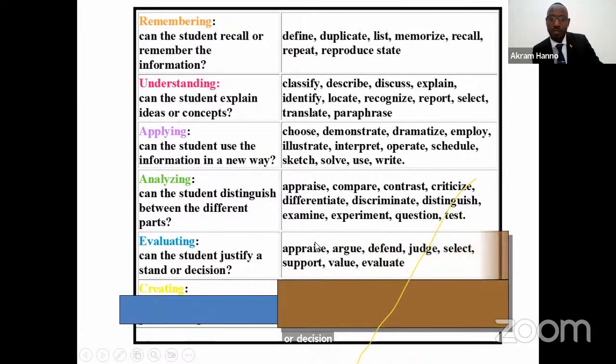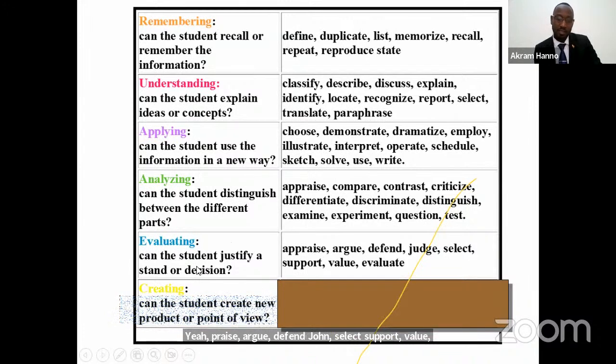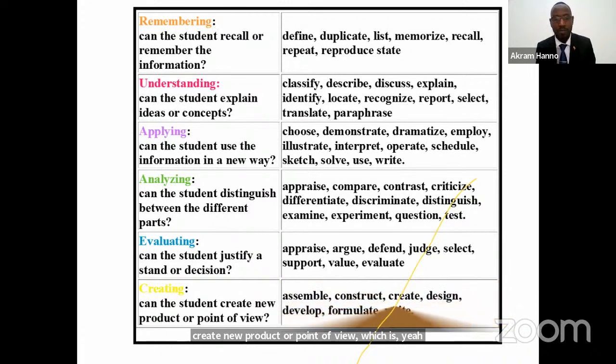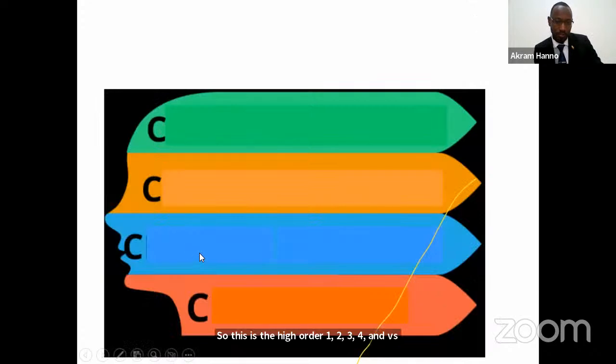Appraise, argue, defend, judge, select, support, value, evaluate. And the highest one: can the student create a new product or point of view? The verbs are assemble, construct, create, design, develop, formulate, and write. So this is the high order, and these are the low order.